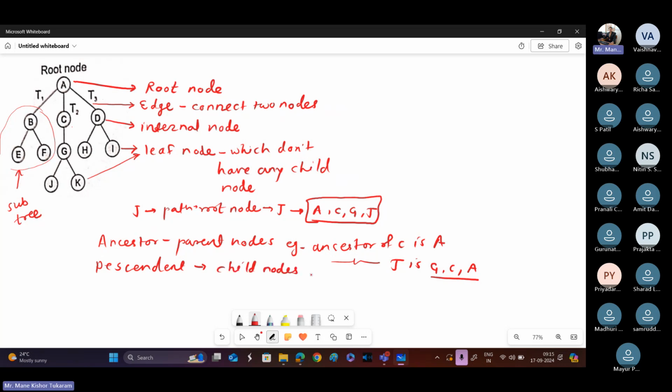For example, the descendants of A are all these nodes. Descendants of B are E and F. Or suppose I say G, descendants of G are J and K. So the nodes which are children of that particular node are the descendant nodes.